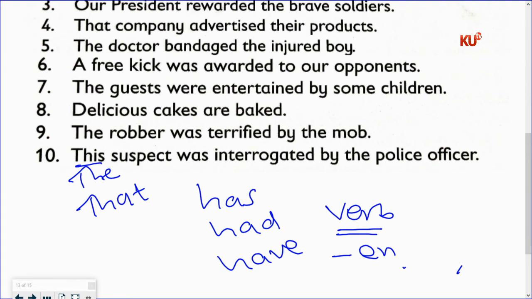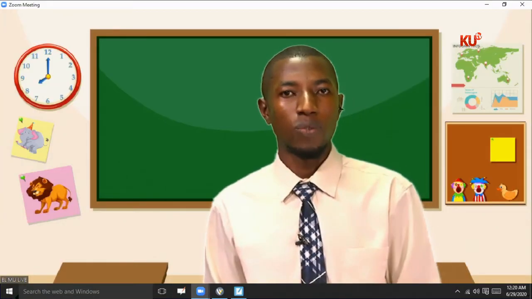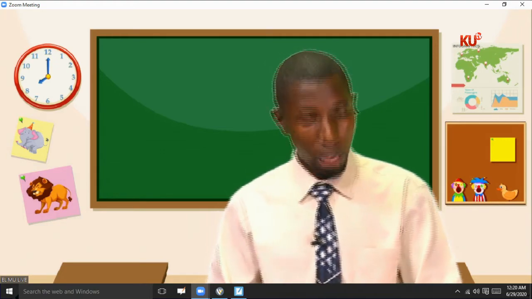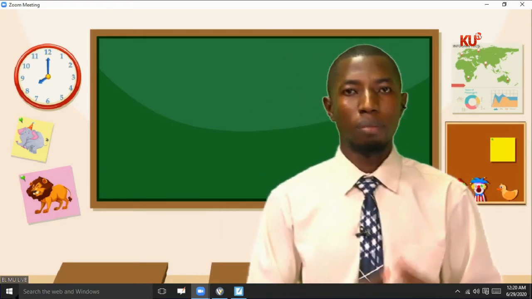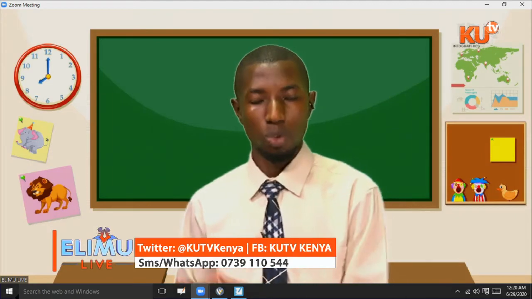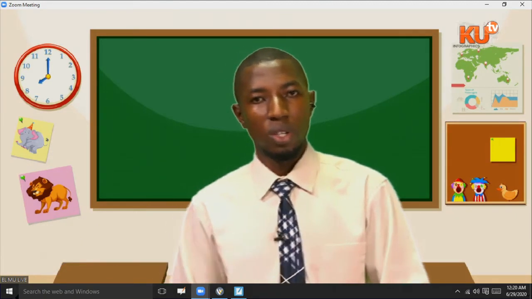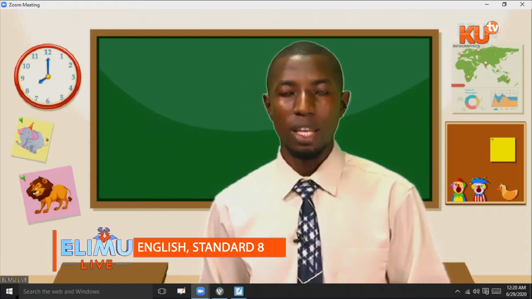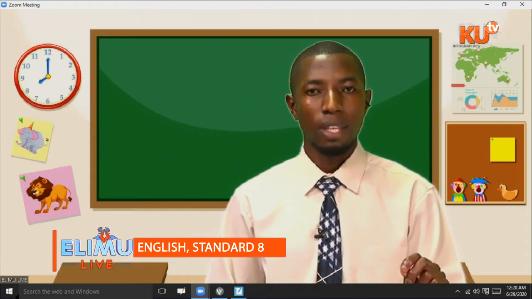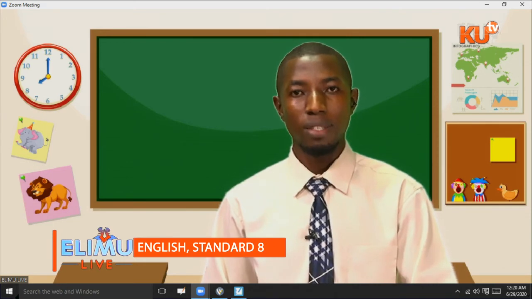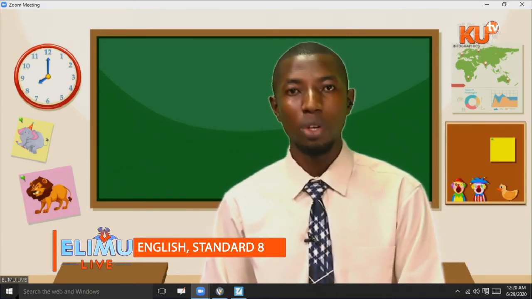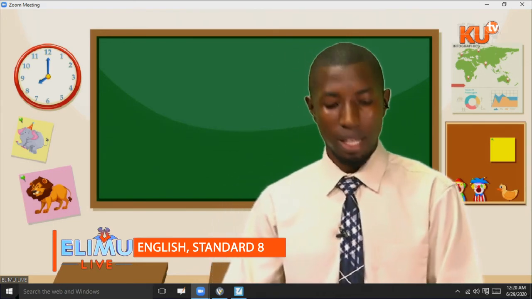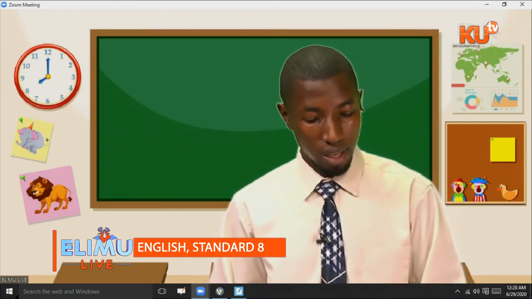You must have learned it, maybe in class 4 or class 5, about changing verbs from present to past and to participle. So you have to look at the main verb of the sentence. Then you see, is it in past tense, is it in present tense, or is it in participle? And that is how you could know a verb which is in participle form.